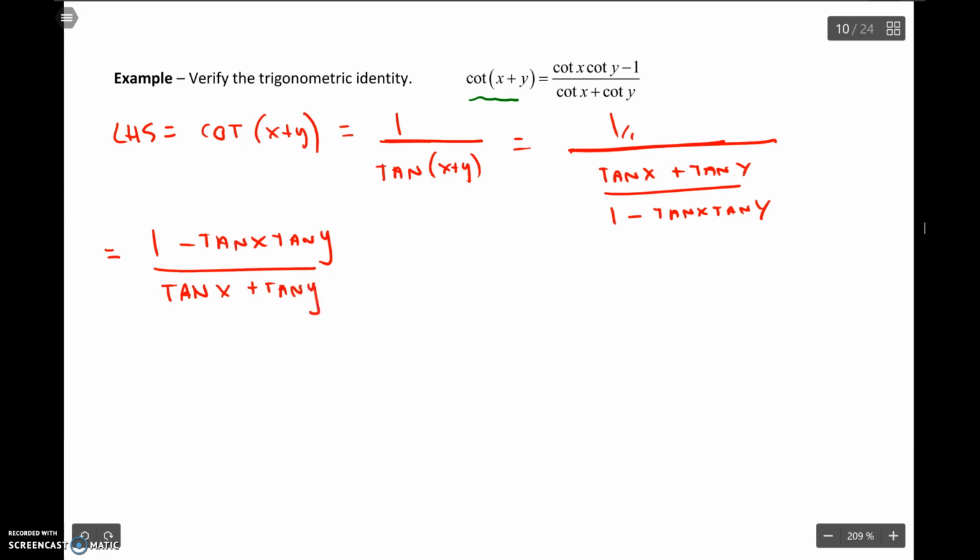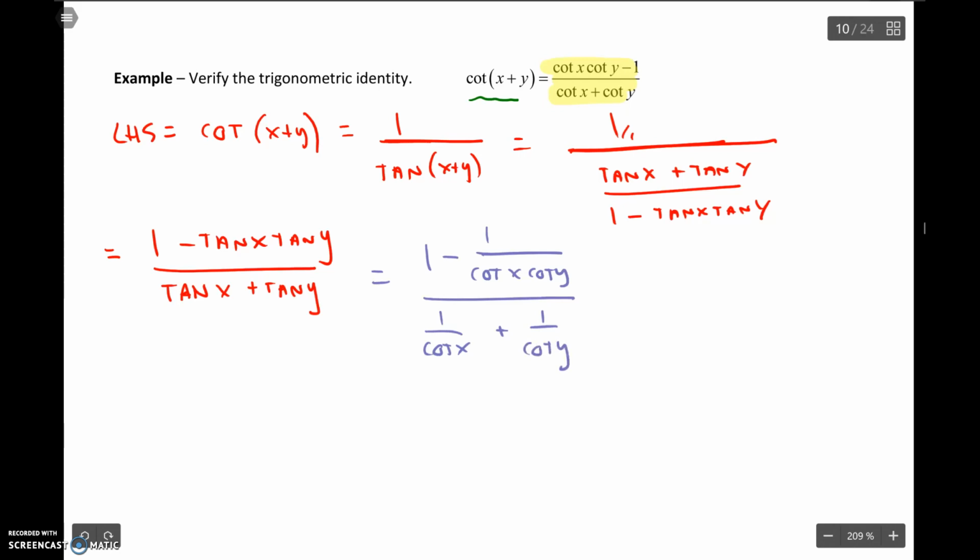Now normally I would not change the tangents into cotangents, but this is our goal. This is where we're working towards. So every place we see a tangent, let's write it as 1 over cotangent. So 1 minus 1 over cotangent x, cotangent y. And this is 1 over cotangent x plus 1 over cotangent y.